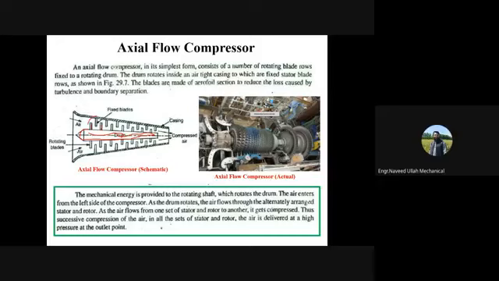This row of blades and a row of stators is known as one stage of a compressor.